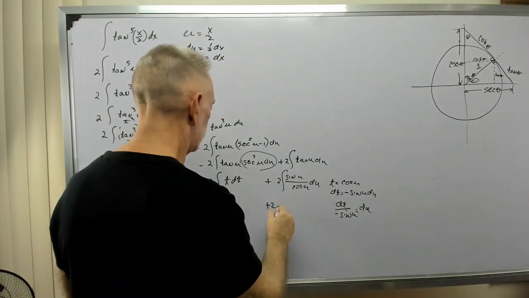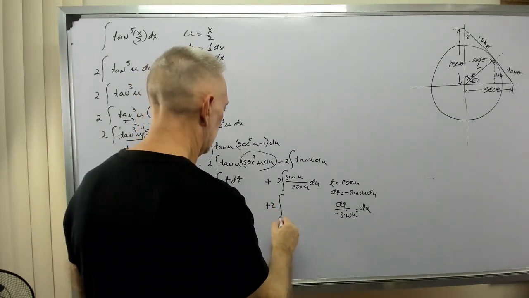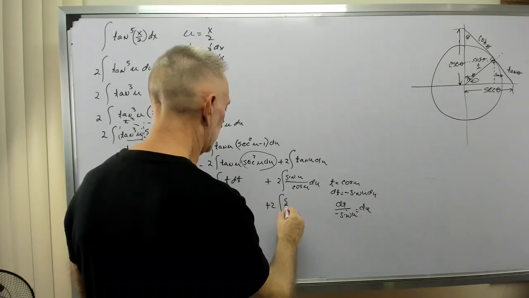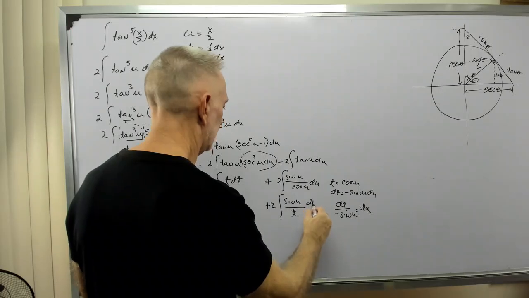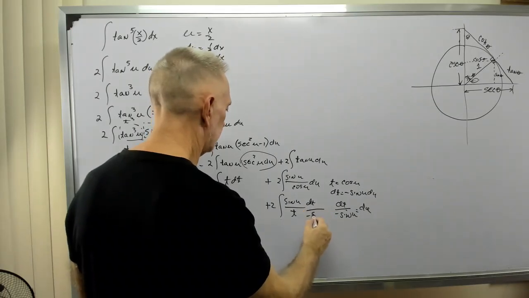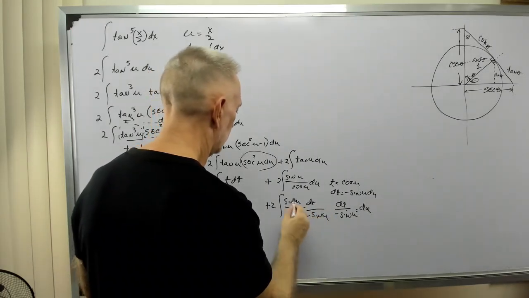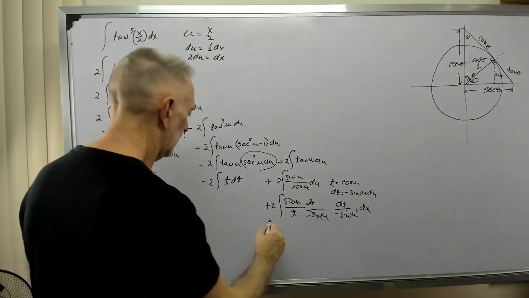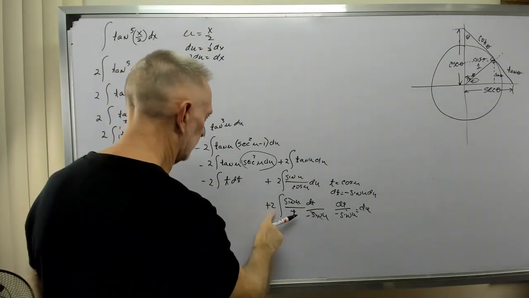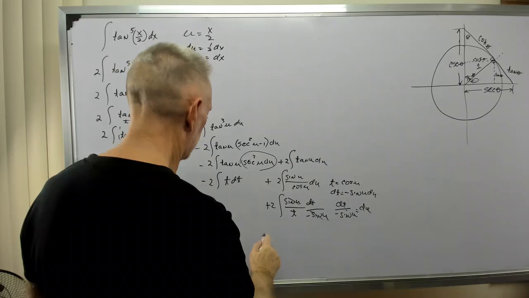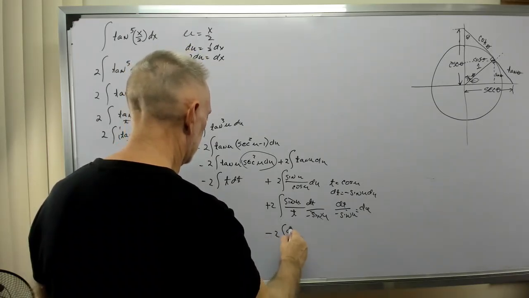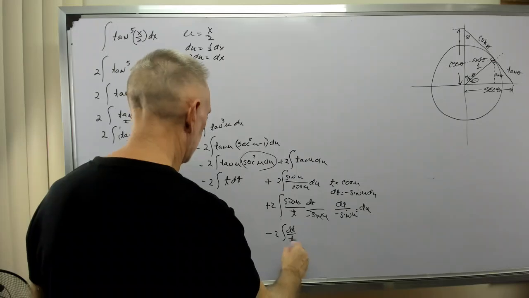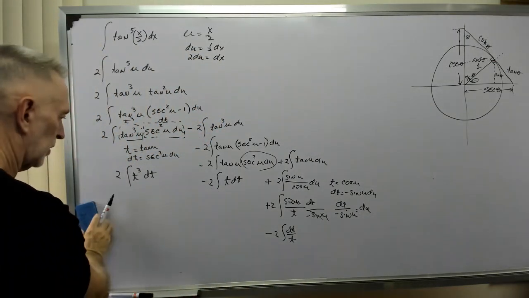So I have plus 2 times the integral of sine u over t, and then dt over a negative sine u. So those cancel, and I'm left with, I have this negative, so this becomes a minus 2, the integral of dt over t.